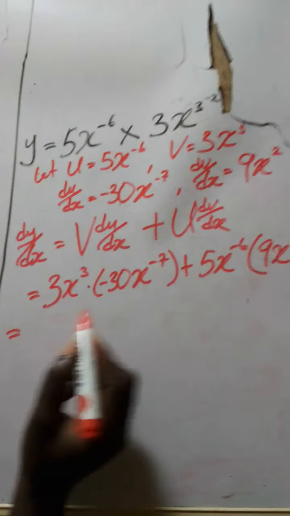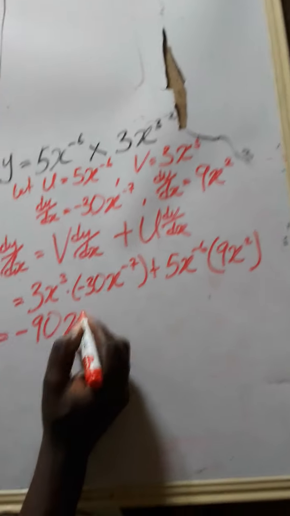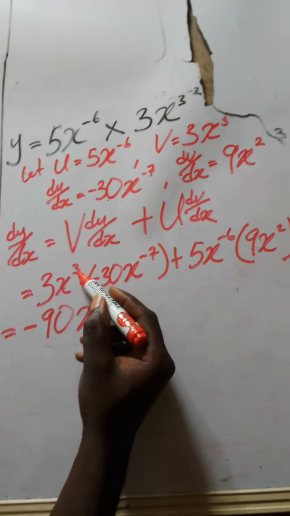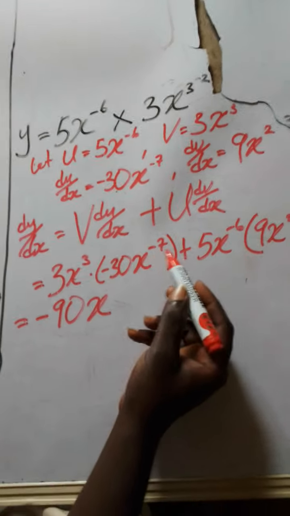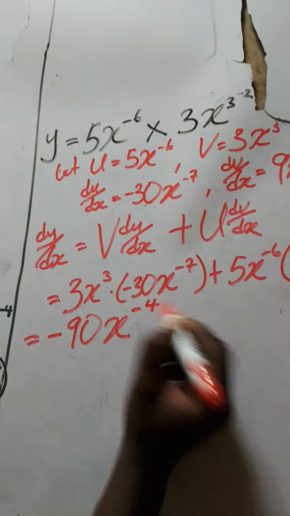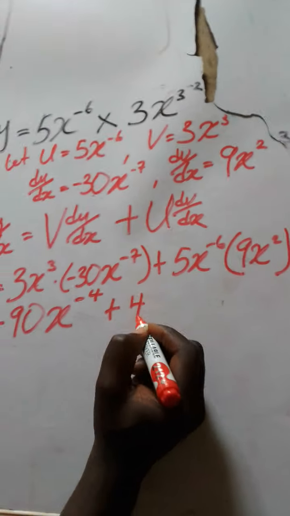So this is equal to 3 times minus 30, minus 90 x raised to the power 3 from our indices, x raised to the power 3 multiplied by x raised to the power minus 7. That's x raised to the power 3 minus 7. That's x raised to the power minus 4, plus 5 times 9. That's 45.